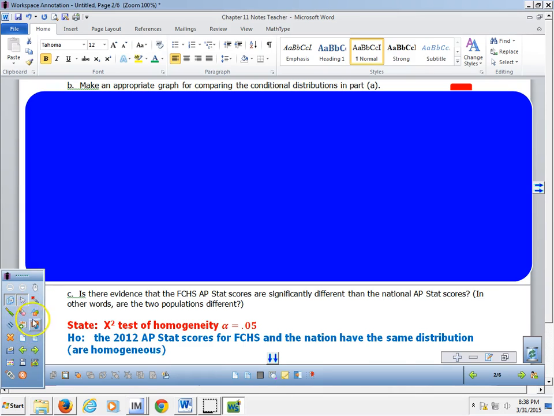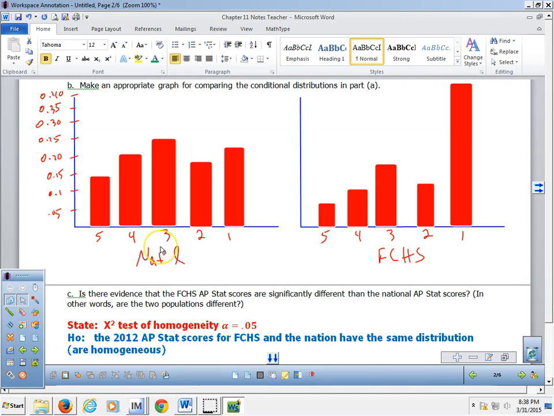Make an appropriate graph for comparing the conditional distributions in Part A. Well, it's simple enough. We could do a side-by-side bar graph, and it wouldn't be that much more complicated, but since we're working with categorical variables, bar graphs are the most meaningful and easiest graph to make to show the distribution.